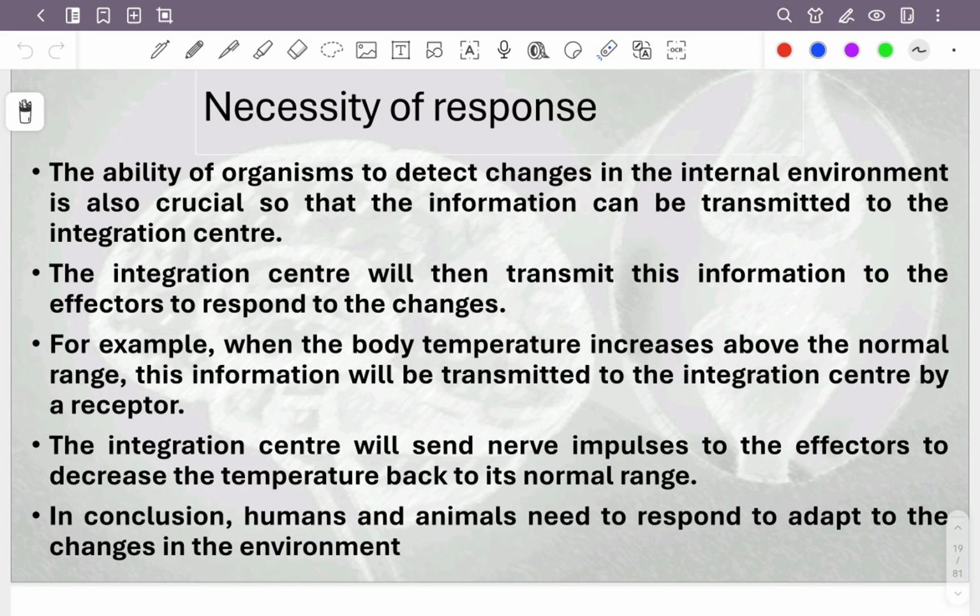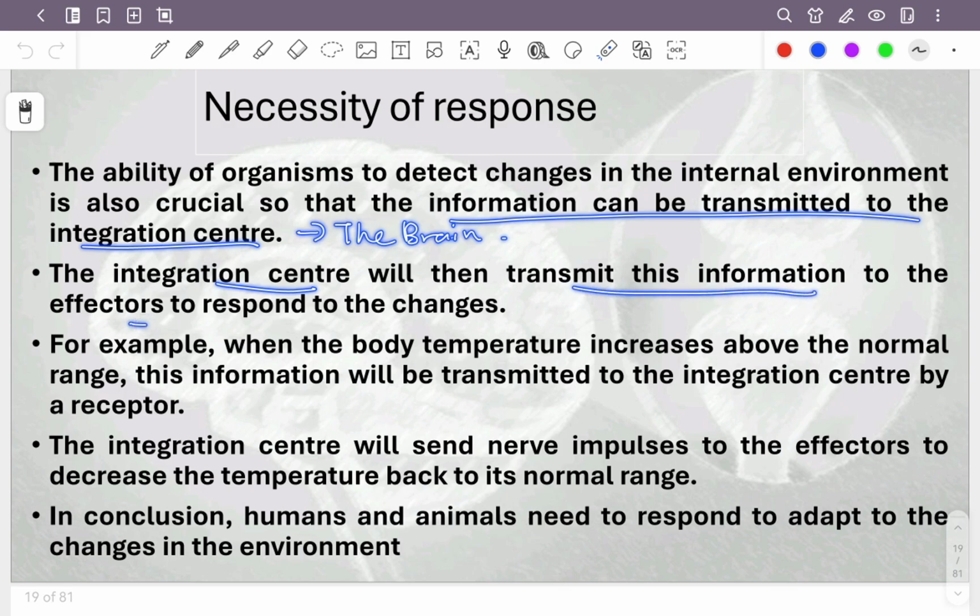Okay, it looks a lot, but let's read one by one. So, the ability to detect change in internal environment is also equally important, so that the information can be transported to the integration center, which is the brain. Now, your brain will then transmit the information to the effector to respond to the change.